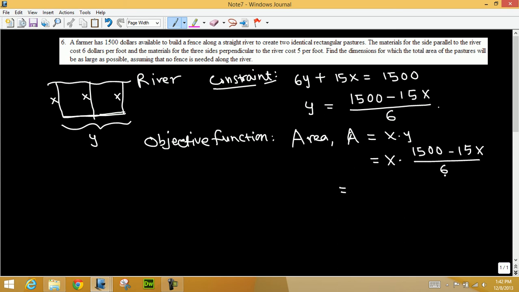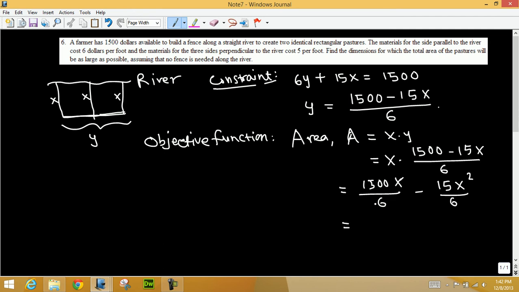Let's distribute and simplify, because we need to take the derivative in the next line. So x times 1,500, that's 1,500x over 6. I split it into two fractions as well, minus x times 15x is 15x squared over 6.